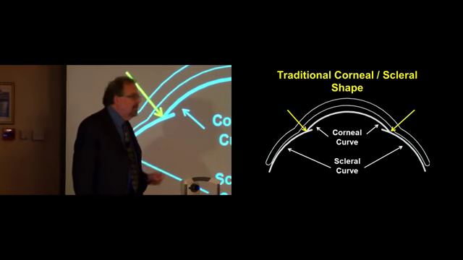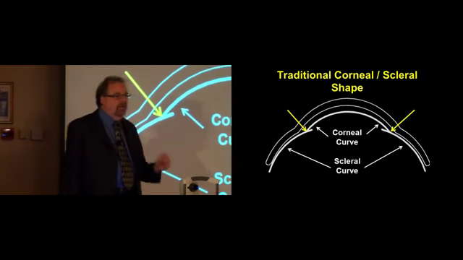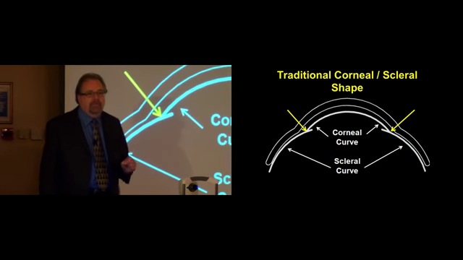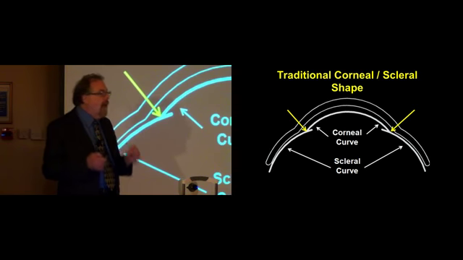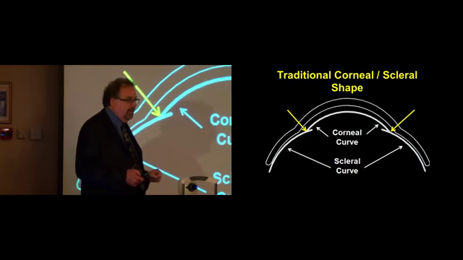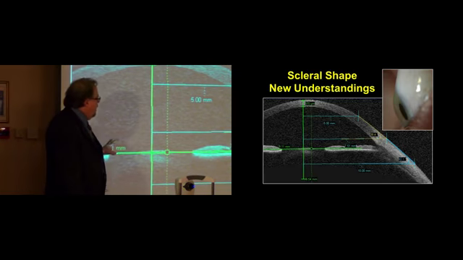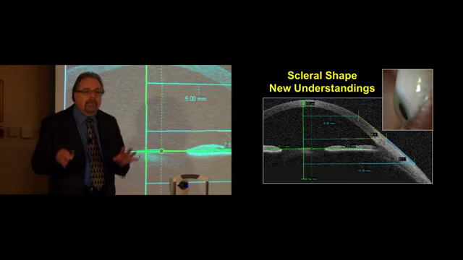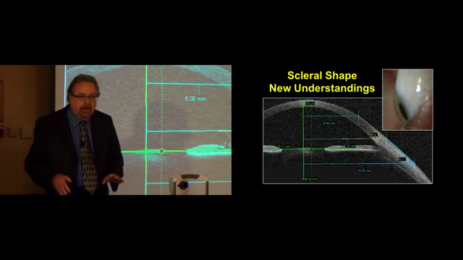The sclera, surprisingly, doesn't incorporate a curve until it gets beyond a chord of around 20 millimeters. That is to say, here is the real physical shape of the cornea, the peripheral cornea, the limbus, and the sclera.